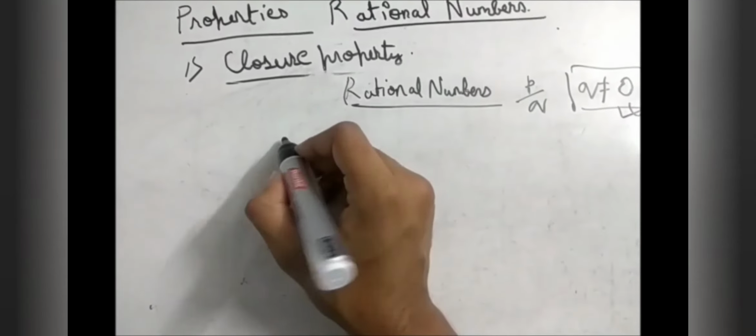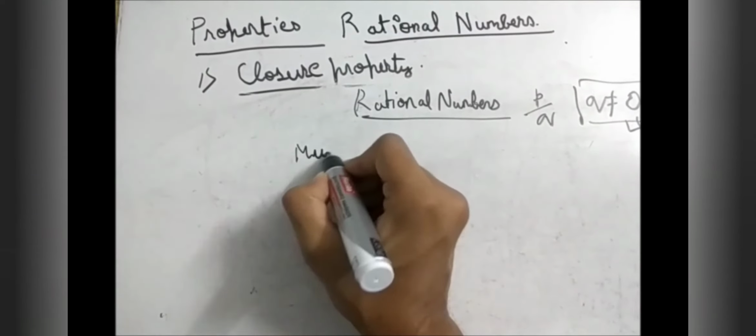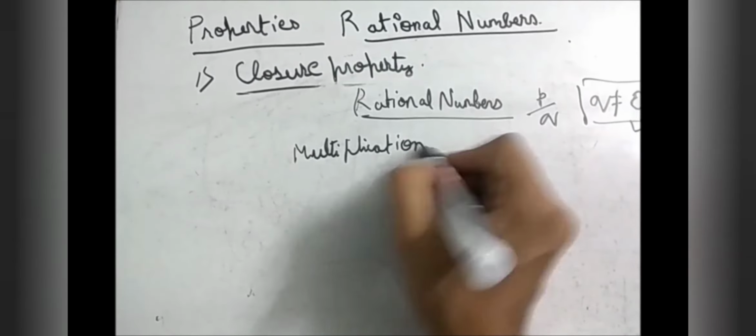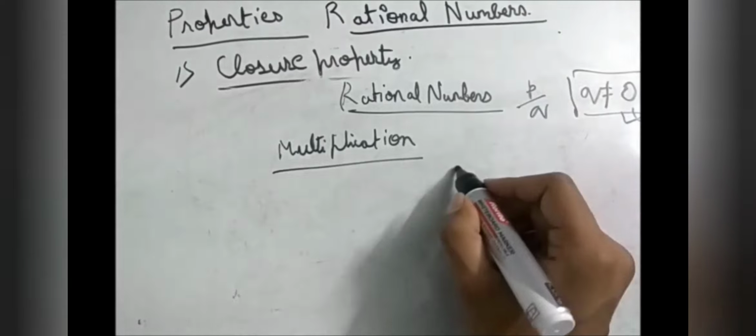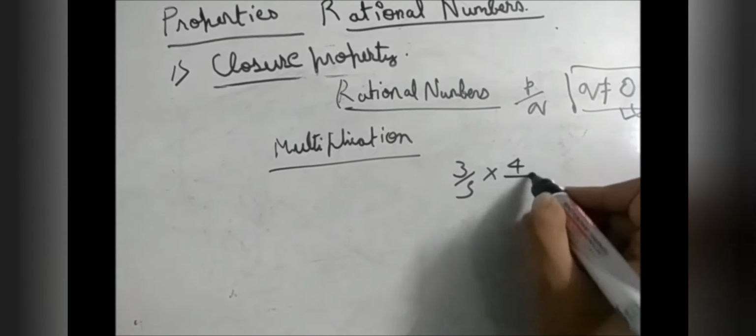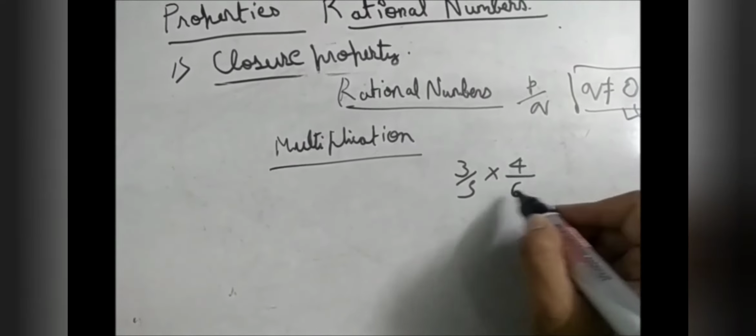Now let's take multiplication. We'll consider 3 by 5 into 4 by 6.